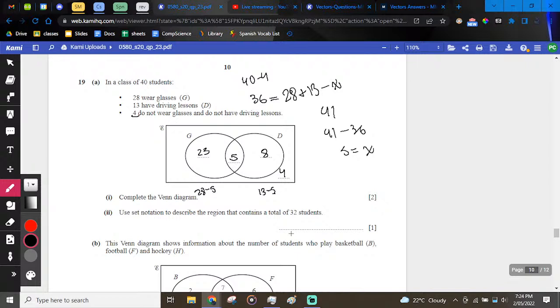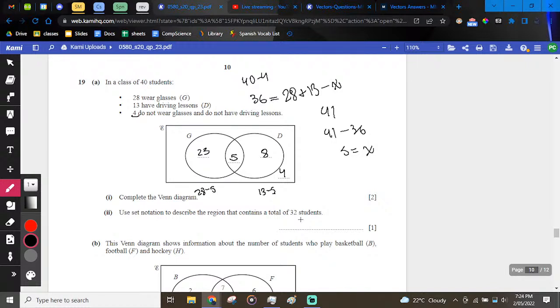Complete the Venn diagram I have. Describe using set notation the region that contains 32 students. So this bit contains 34. We're going to find out which addition total gives 32. 33 plus 8.